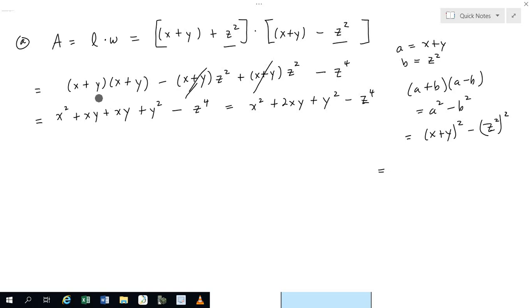The x plus y squared is this part, right? That's the same as x plus y squared minus z to the fourth, so you're getting the same answer. When you FOIL this out, we already know that you end up with this. And this is z to the fourth because you multiply exponents. So using the formula, you would get the same answer.